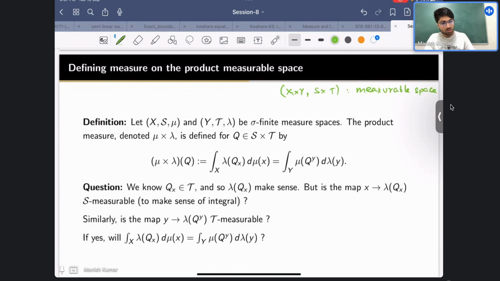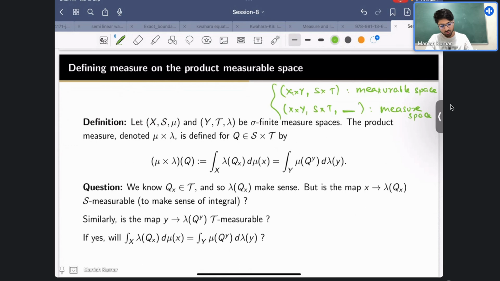Now if I put a measure on this, it becomes a measure space. So the question is, what will be the natural measure here to make it a measure space? The goal is to find this measure, and this is how we define it.